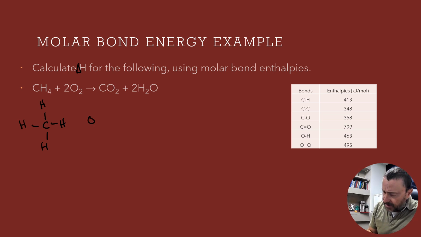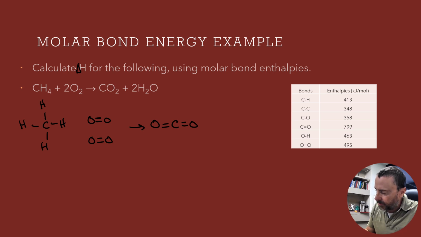For oxygen, an oxygen is double bonded to another oxygen, and notice that there are 2 of them. This is then carbon dioxide, which looks like that there. And then I've got 2 waters.